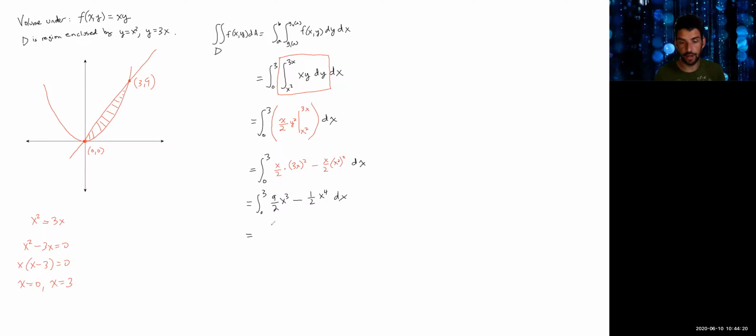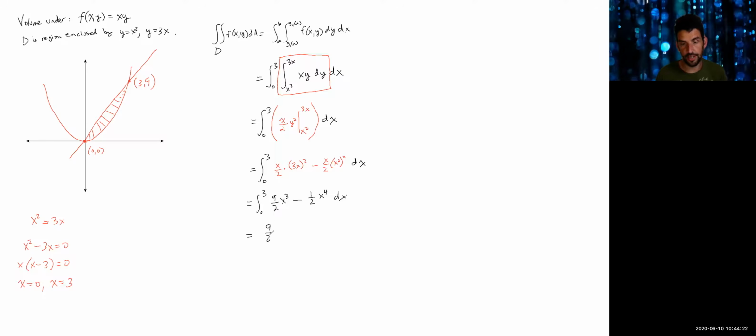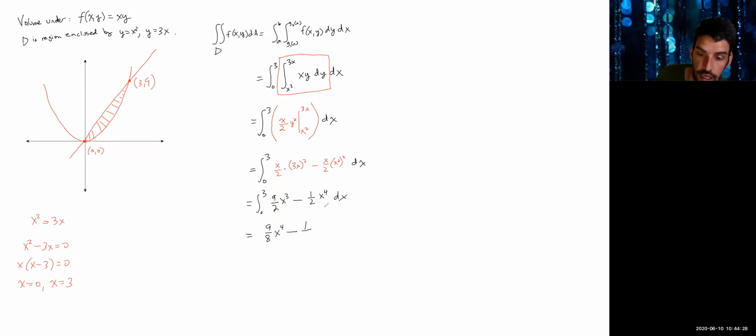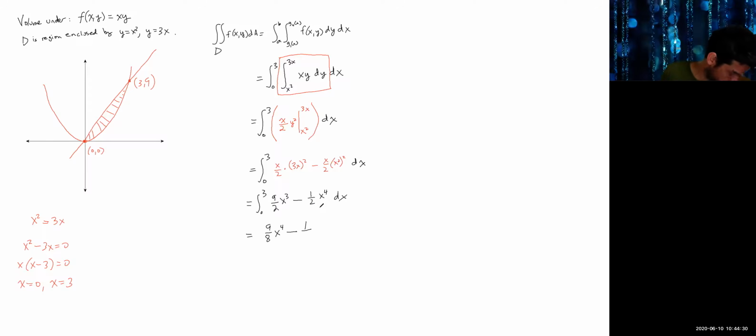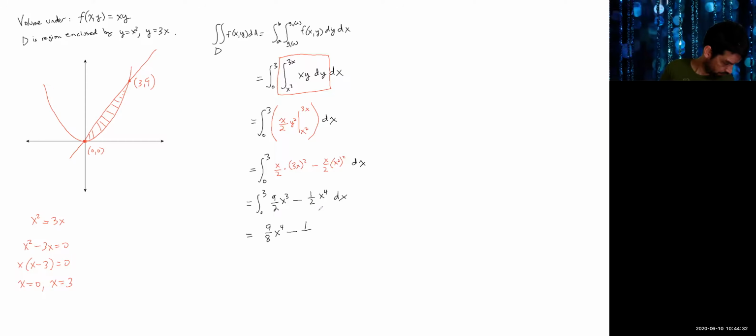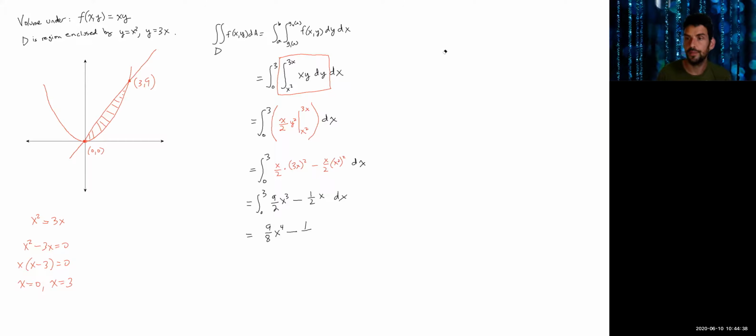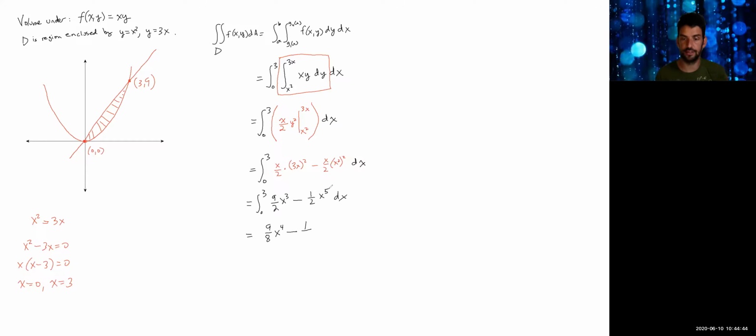So what do we get? Well, when we evaluate this, it looks like we're going to have 9/8 x to the 4th as our antiderivative here, and we should have one, let's see. Oh, sorry, this should be an x to the 5th. That's where my mistake came in. Pardon me. We had x to the 4th from the x squared squared, but there was an extra factor of x here.